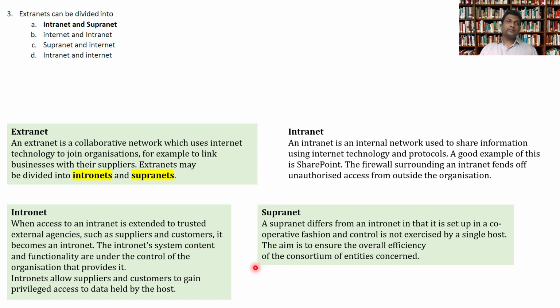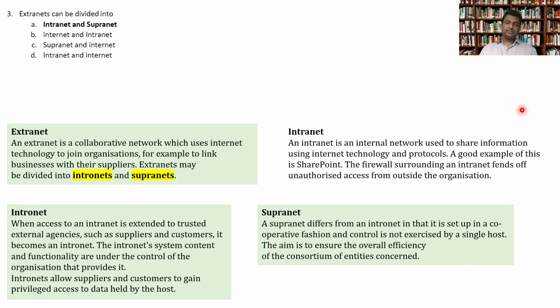And when they want to find out about a certain customer's credit rating and other related information, they also connect to this network to find out about customers that they are trying to give loans and other financial facilities. So the CRIB network is not controlled by individual banks or finance providers, but all these finance providers and banks give information to this network and they obtain information from this network, but they don't have control over how the network works. So that is a supranet.